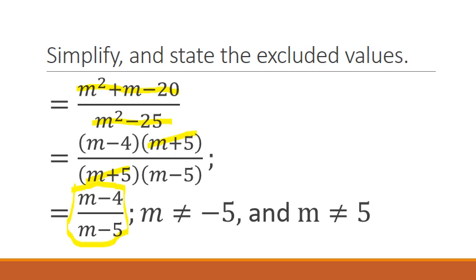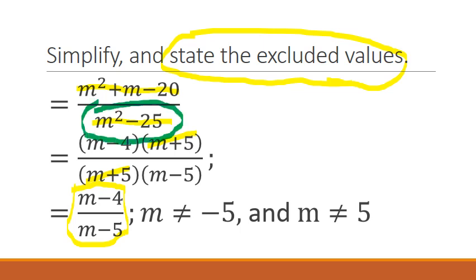But we should state the excluded values. So therefore, we should refer to the other one, m squared minus 25. The factors are m plus 5 and m minus 5. If we equate m plus 5 to 0, that gives us m equal to negative 5.